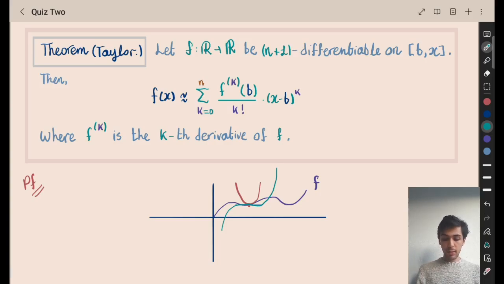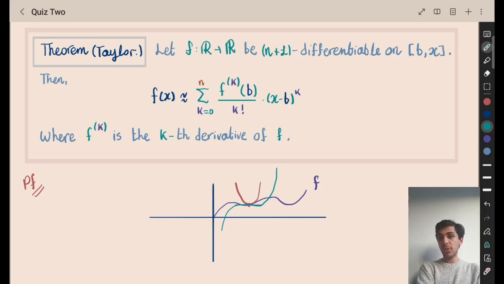The higher the polynomial you have, the closer and the more accurate your function will look like. So we can fit our Taylor polynomials, or let's say they're not Taylor just yet because we're trying to prove that. We're fitting our polynomials to the function.